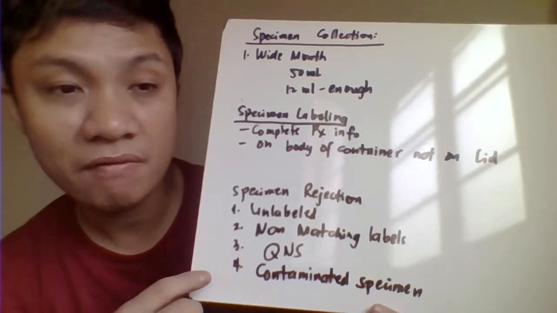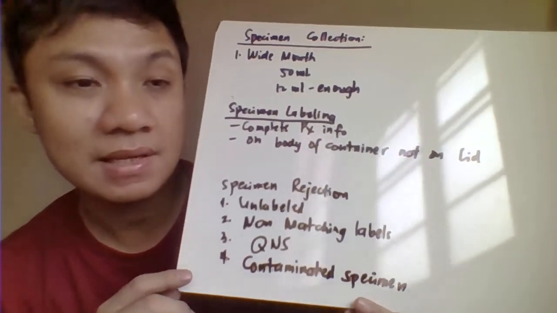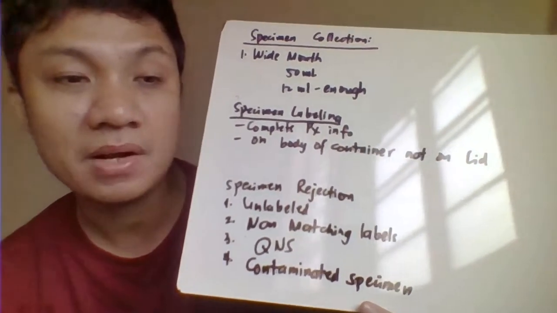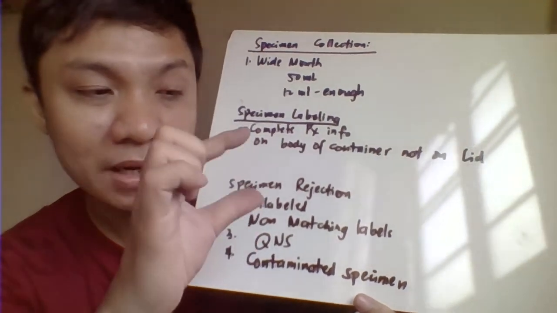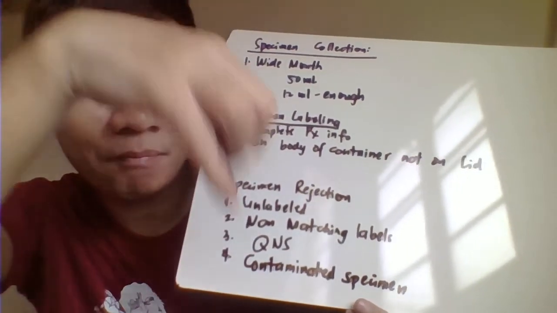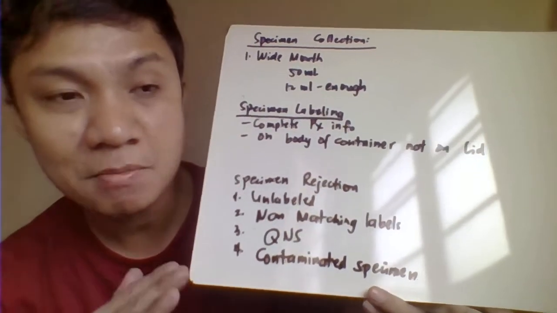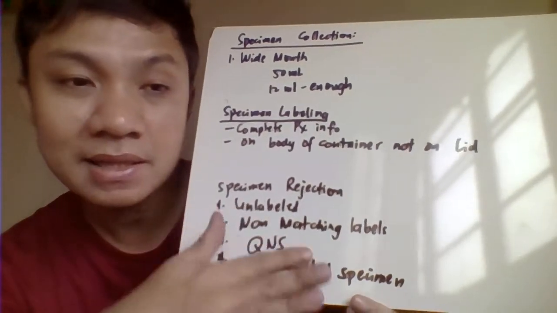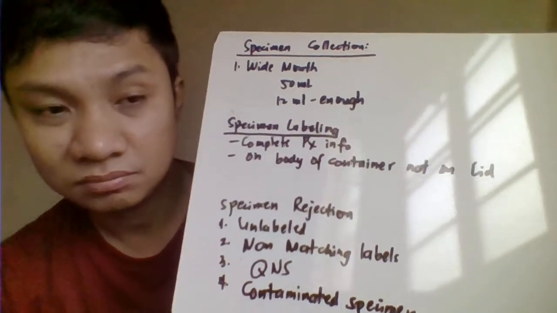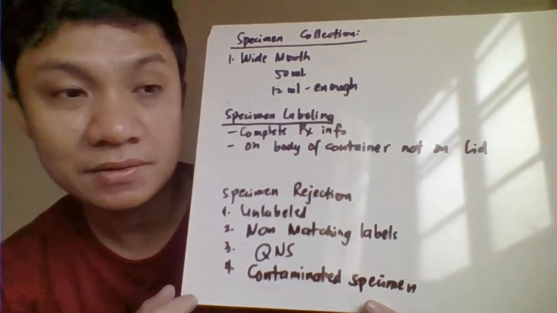So, less than 12 ml, because of course, it will not facilitate the entire testing process. For example, if the specimen is very little, when we use a strip, it will not reach the top, and you cannot strip all the chemical test pads. So, you cannot test it, so that will be insufficient.